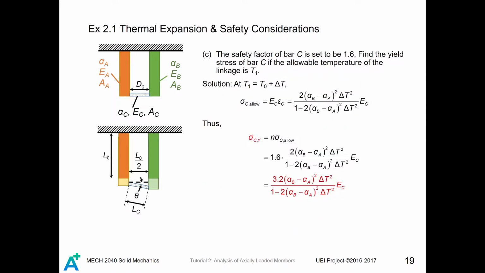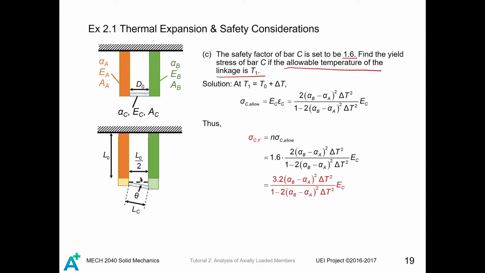Now we consider the safety of this bar because we don't want to harm it. We don't want this bar to be permanently deformed by overwhelming load. Now we set the safety factor to be 1.6. Find the yield stress of bar A if the allowable temperature is T1. So what does that mean?